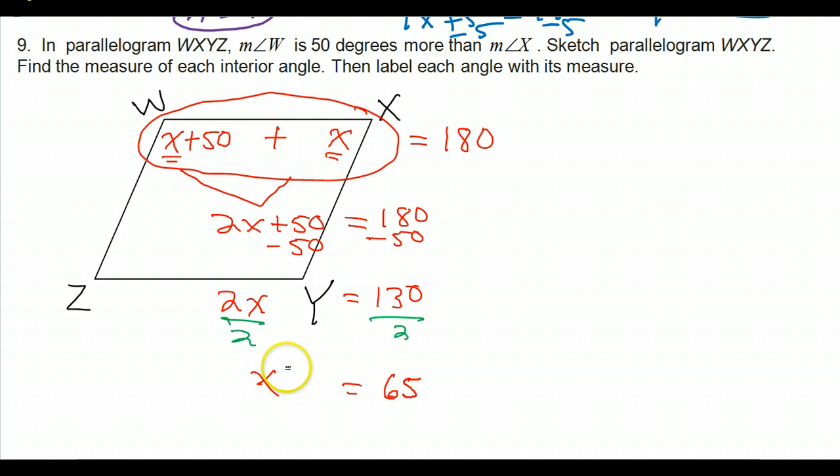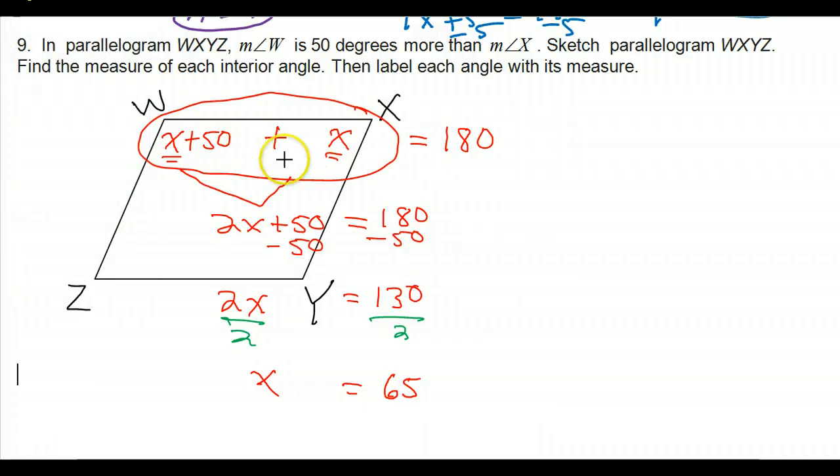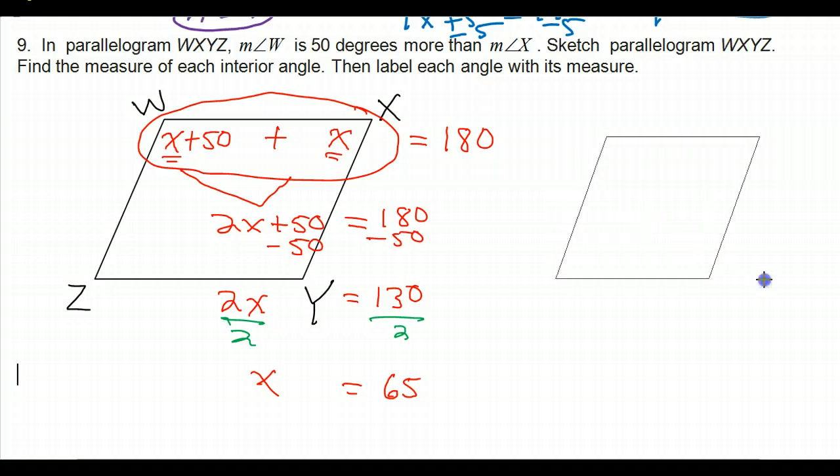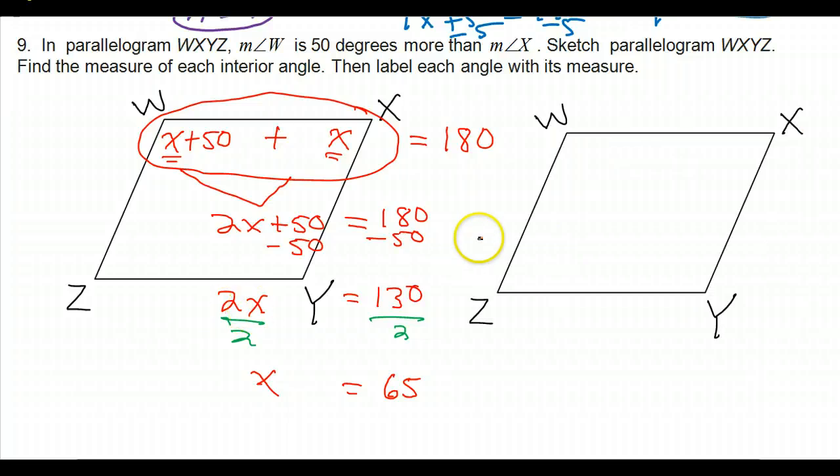Okay, x equals 65. Alright, so we're supposed to label each angle with its measure. I'm going to go ahead and draw a whole new parallelogram because I did all this work. You know what, I probably could have just copied it. So I've just taken this image and copied it over here.